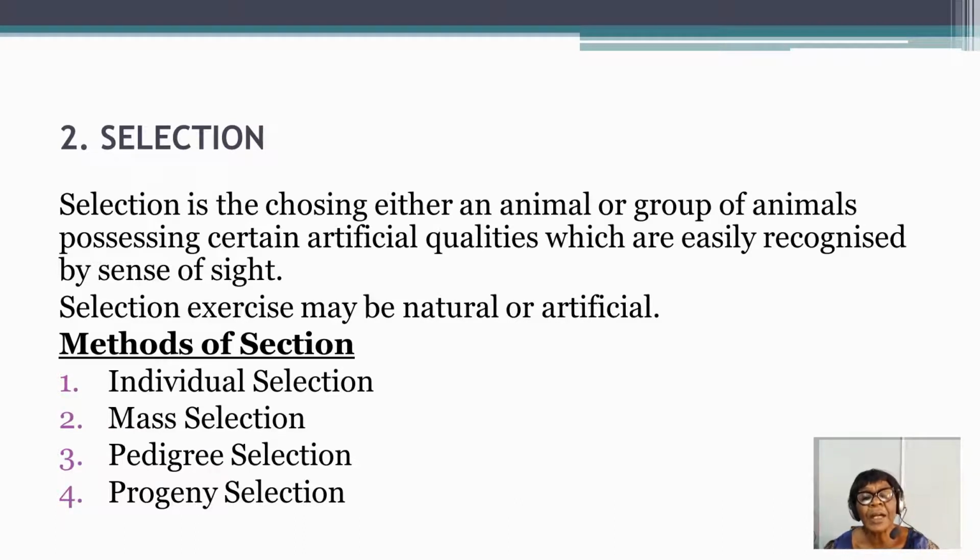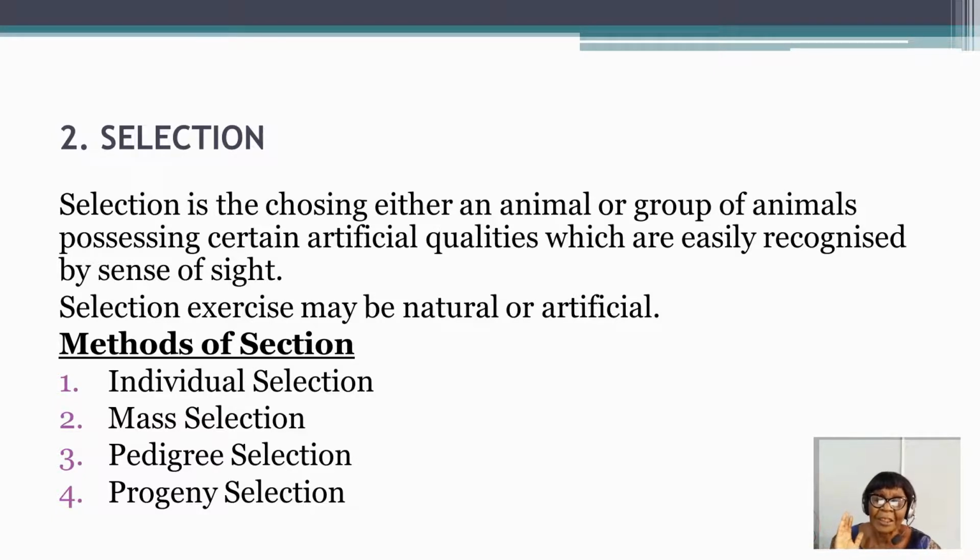When we say natural selection, it is the selection that is done by nature. Let me give you an example: there were some children born the same day with you, but those children are no longer alive.